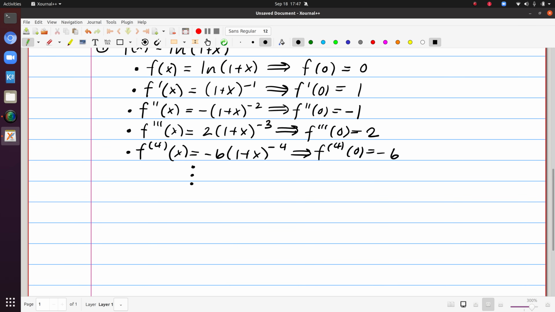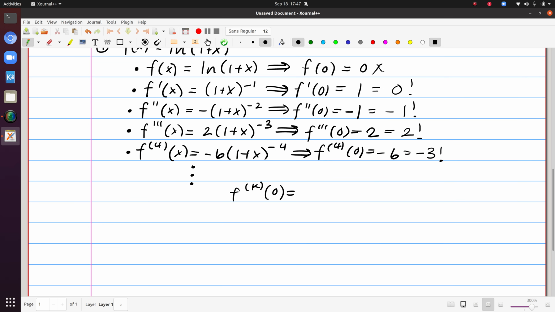So I want to think about what the kth derivative evaluated at 0 would be, again focusing on that rather than as a function of x, and trying to follow the pattern I'm observing. One thing to note is that negative 6 is negative 3 factorial, 2 is positive 2 factorial, and negative 1 is negative 1 factorial. 1 is 0 factorial, and we see that this 0 doesn't really follow the pattern, but it turns out we can deal with that separately.